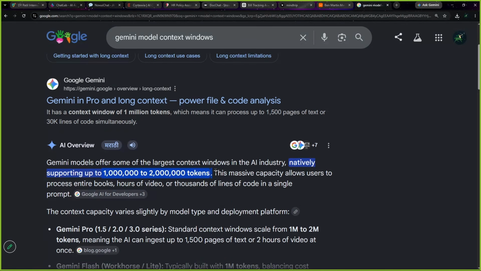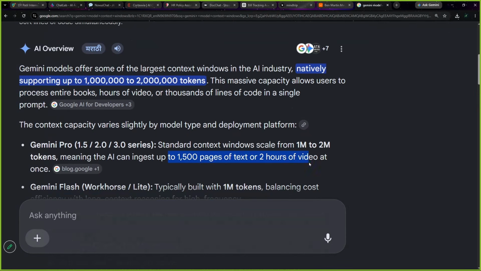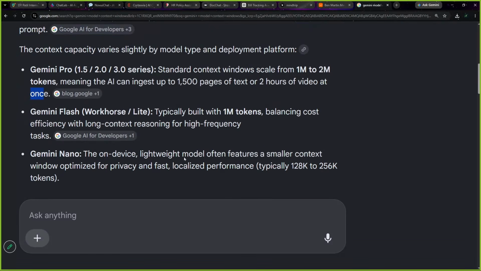Now, tokens means number of words. How many words it can take in at one point of time is called the context window. Different models have different context windows. They can ingest up to 1500 pages of text, 2 hours of video at once. So huge models we have, right?